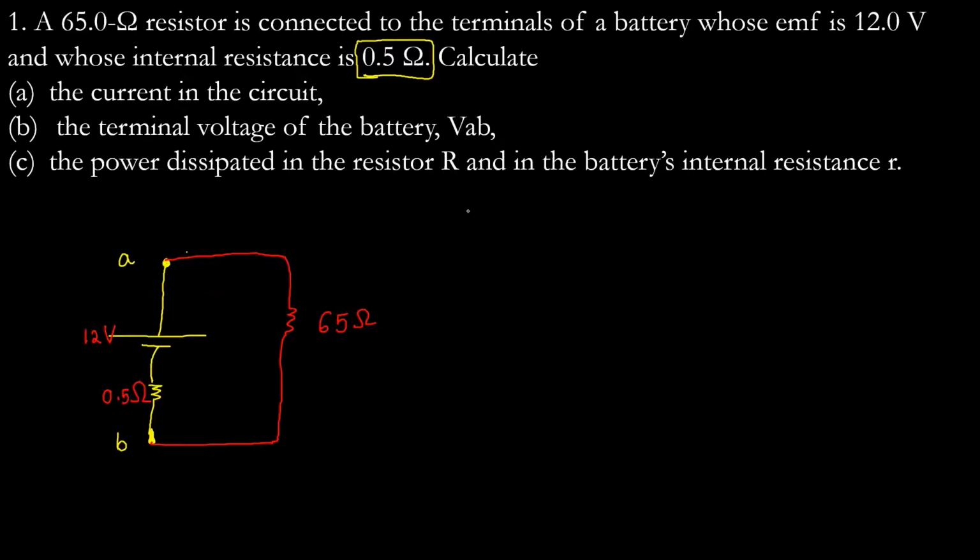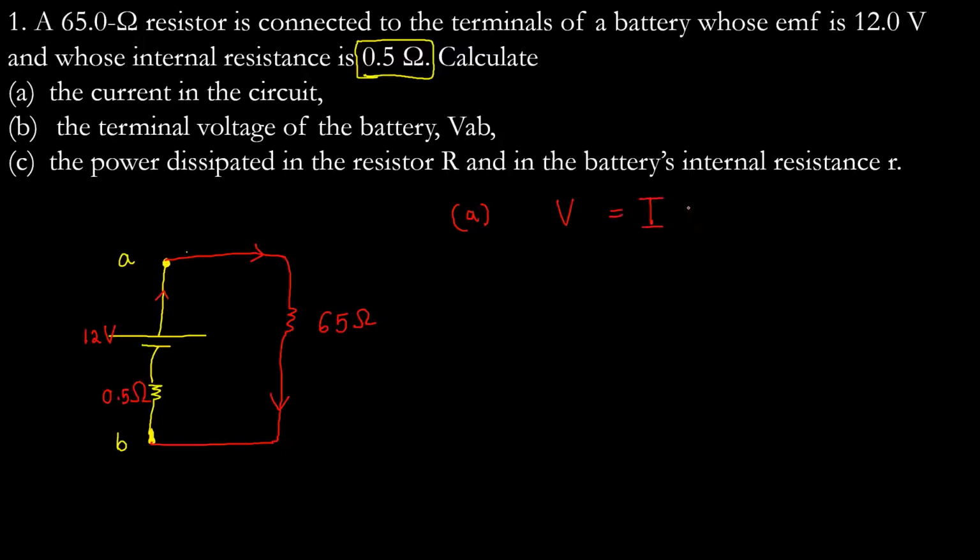In part A, they are asking us to calculate the current in the circuit. Using Ohm's law, we know the current goes like this. Through Ohm's law, we know that the voltage drop across a resistor is given by V equals IR.